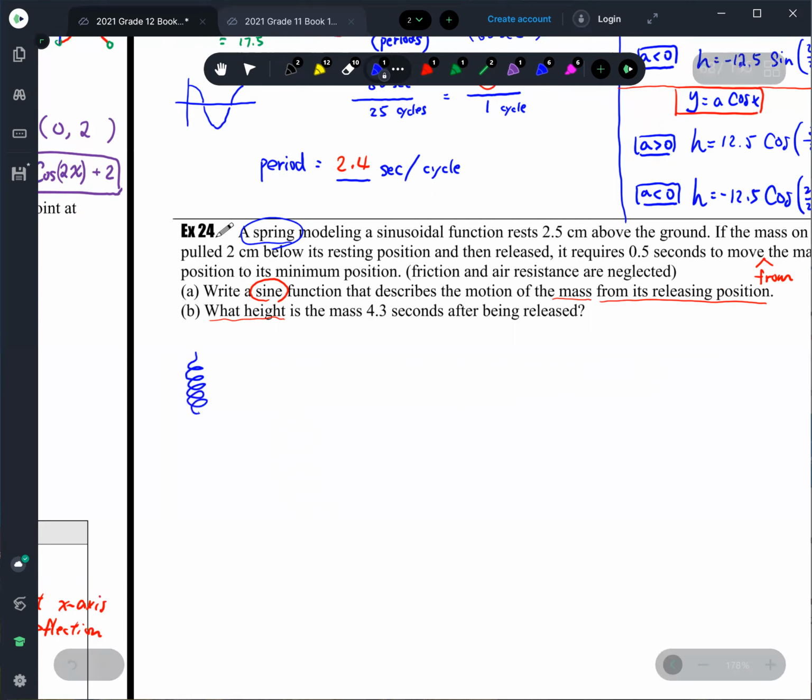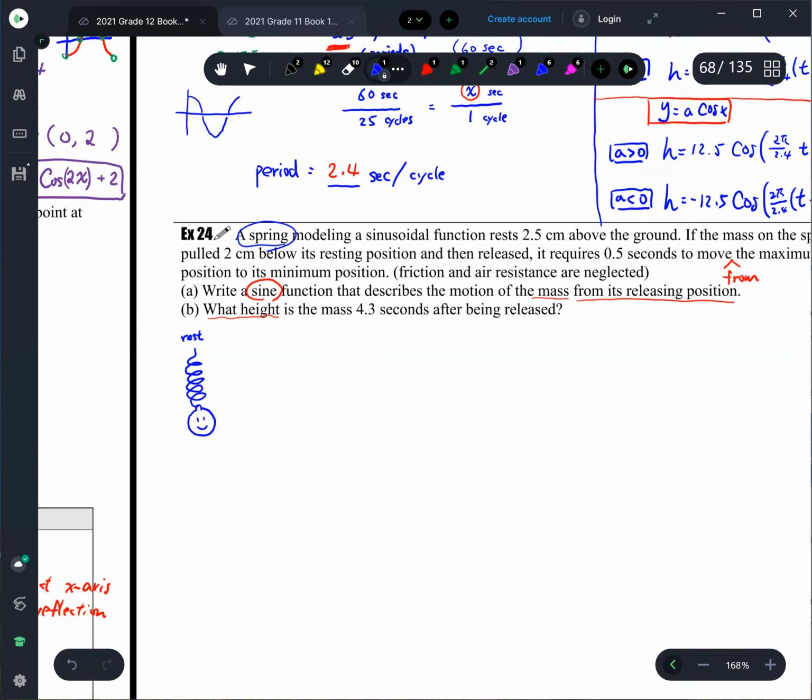So let's hang a little weight with a happy face. Okay, so this is a resting position, right? Resting means you just put it there. There's no external force, okay? Just resting. And there's a ground, right? We need to draw the ground.